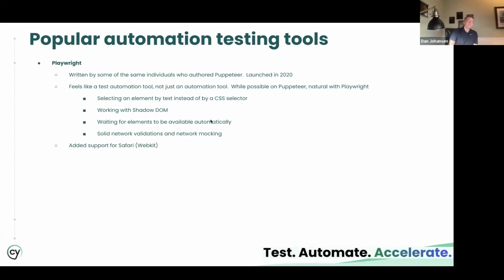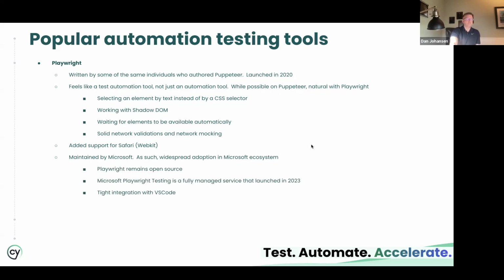You're going to see some things there that are quite similar. Playwright did a great service for the test automation industry, and they really worked to get support for Safari and WebKit. You'll see Cypress also follow suit and introduce our own support for WebKit. The thing about Playwright is it is maintained by Microsoft, and because it's a Microsoft product, there's going to be widespread adoption in the Microsoft ecosystem, and that is exactly what we have seen.